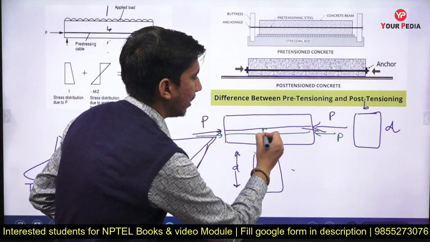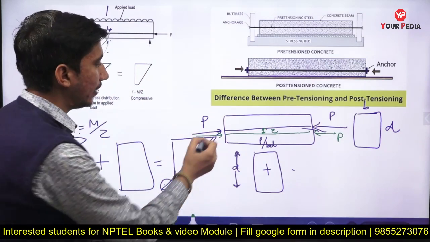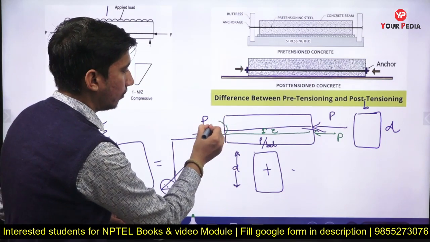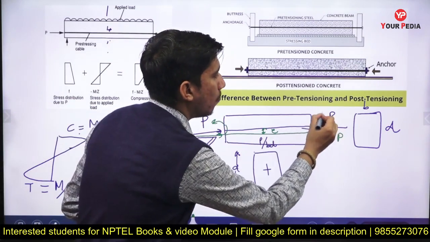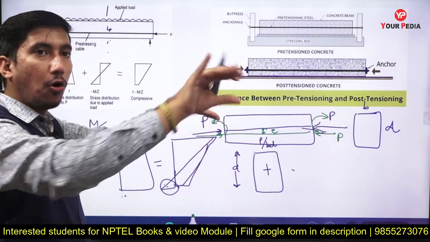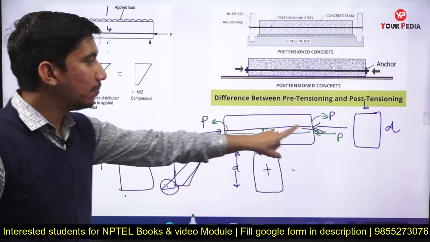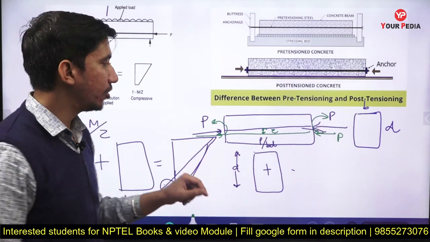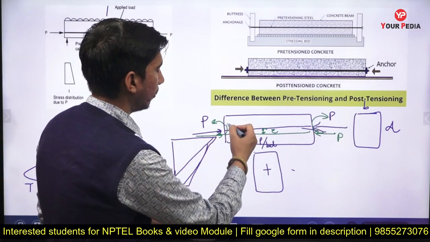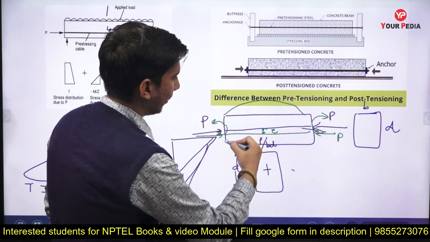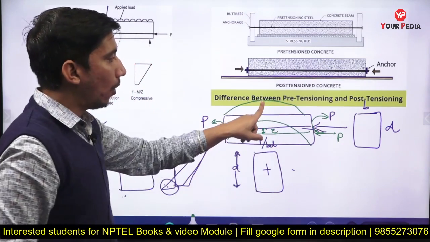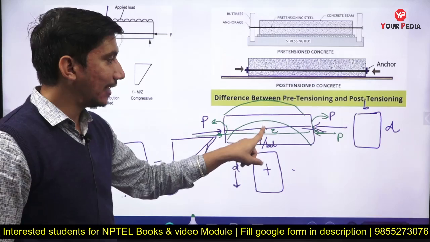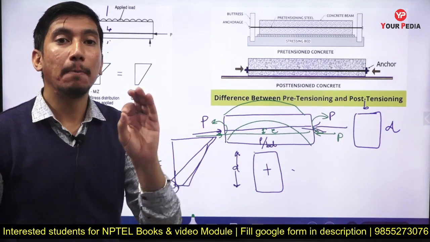It is at some eccentricity. This will create a moment on both the sides. Both these moments are of hogging nature, so they will try to bend our beam like this. At this location tension will come, and at the soffit of the beam compression will come.